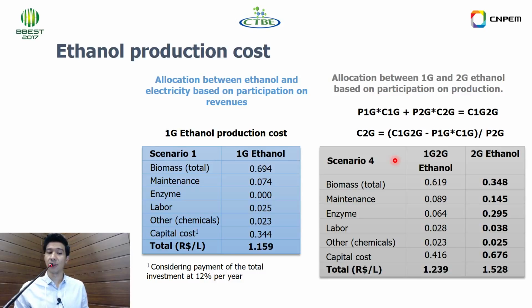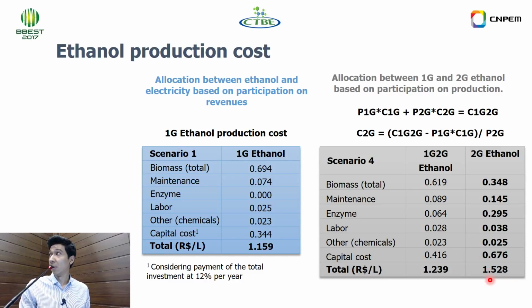This is an example of the result we got in this study. At that time, first generation ethanol had a cost of about 1.16 reais per liter. Only to have an updated value, for first generation we now have something between 1.50 and 1.60 reais per liter of 1G ethanol. Then when we use this expression to separate the second generation cost, we can see a higher cost actually.